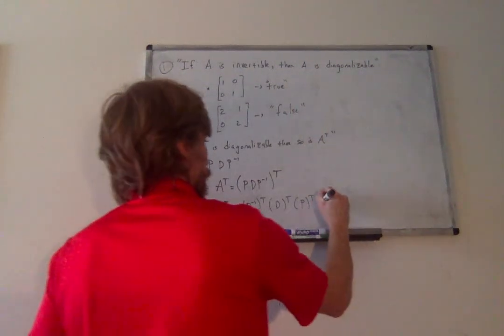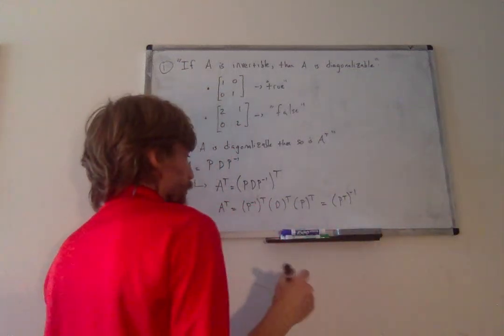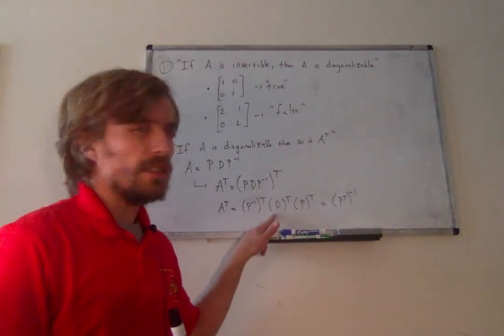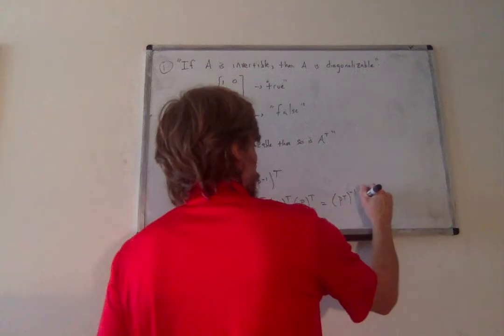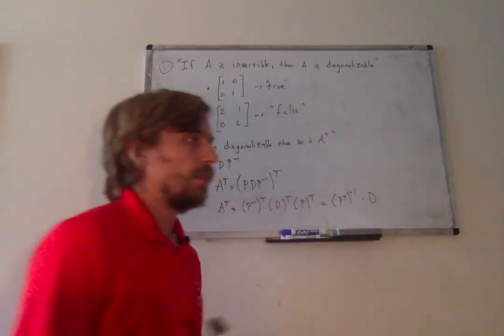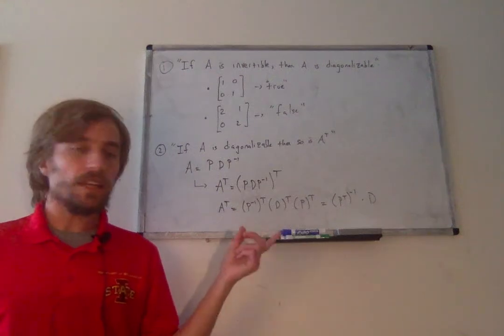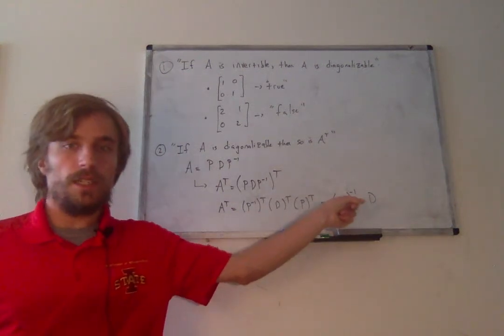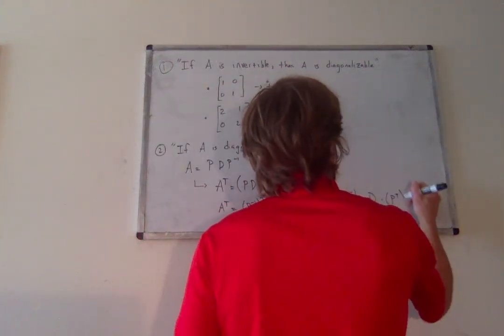Well, remember the transpose and inverse can just swap places, right? So P inverse transpose is equal to P transpose inverse. D is a diagonal matrix. And remember, when taking the transpose, the diagonal entries stay fixed and everything else swaps. But in a diagonal matrix, everything else is 0. So here I just get D. Oh, and then this is just equal to P transpose.